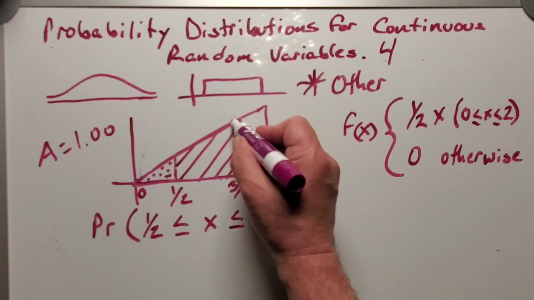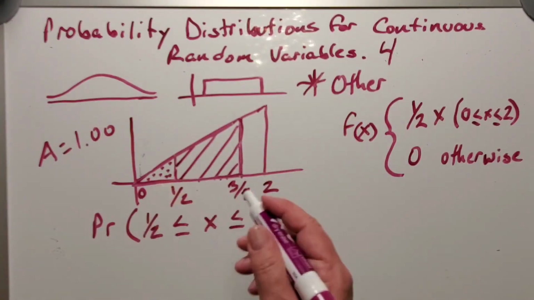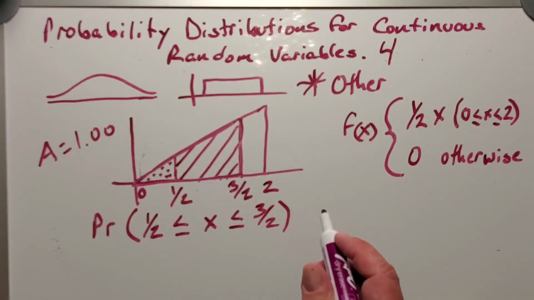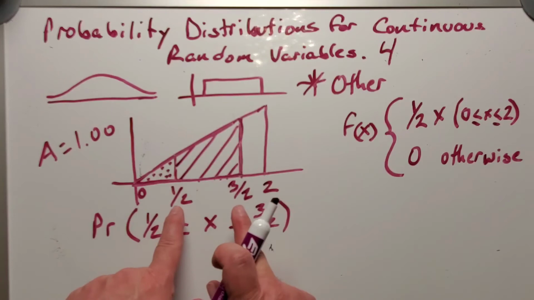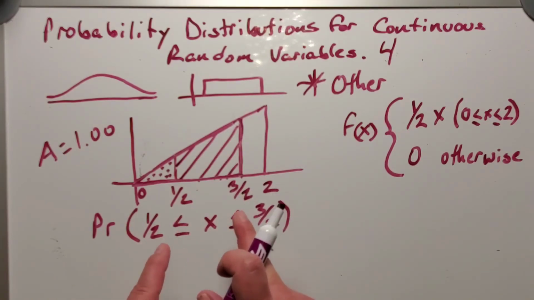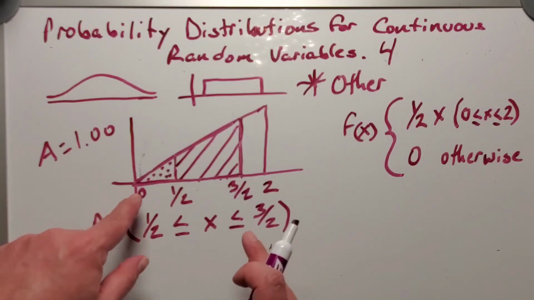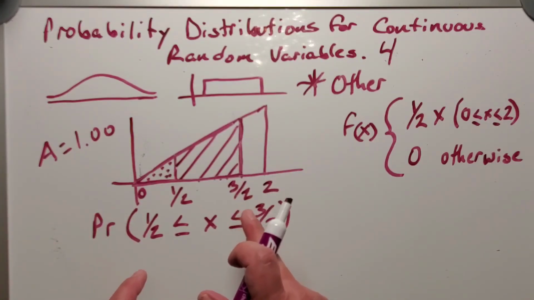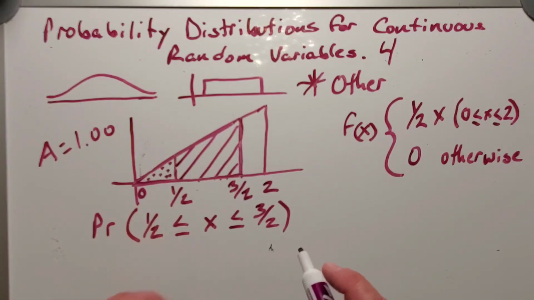But first, I'm going to find out the area of the larger zone that I'm going to subtract that from. It's no longer a case of me being able to subtract from the whole distribution, because I just want between these 2 points, 1/2 and 3/2. So I'm going to have to find out the area of the triangle going from 0 to 3/2 first, and then from that, I'm going to subtract the area going from 0 to 1/2.